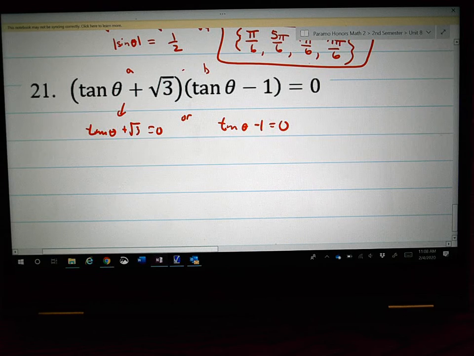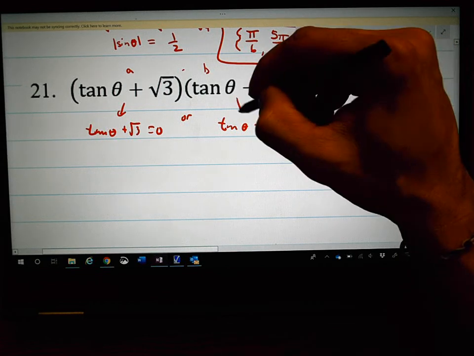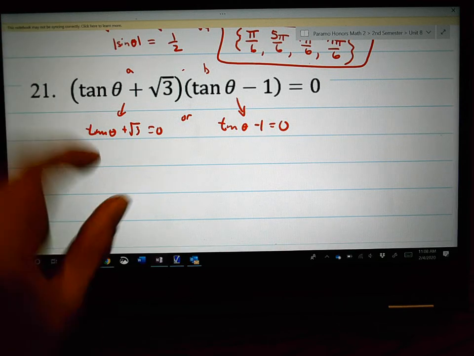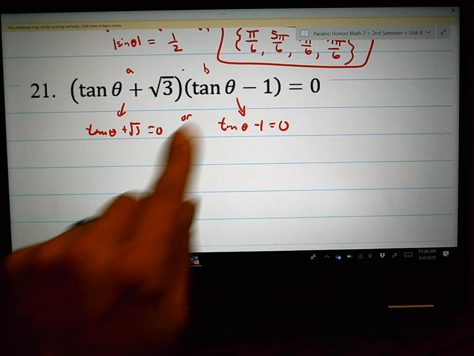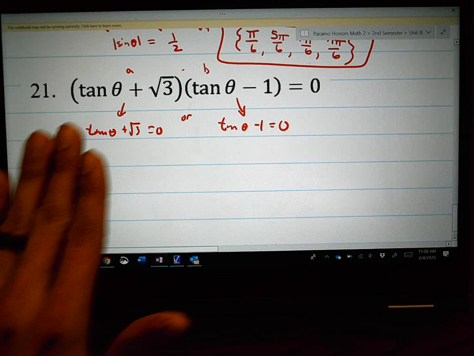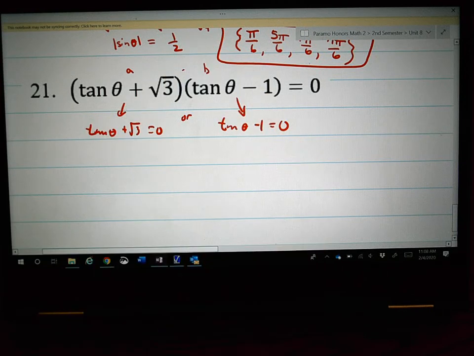We have 2 possible branches, if you will. You may have some solutions here, you may have some solutions there. There might be 2 solutions for this branch and 2 solutions for this branch. I don't know, just depends.